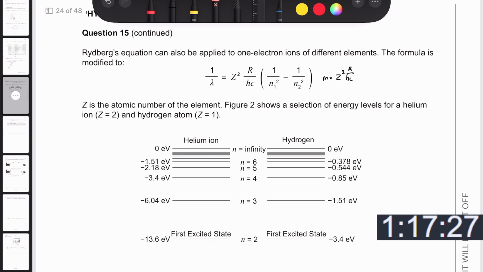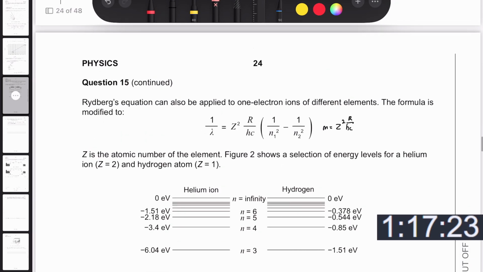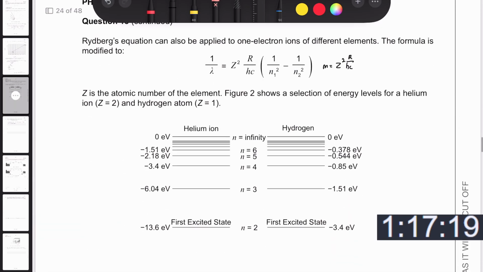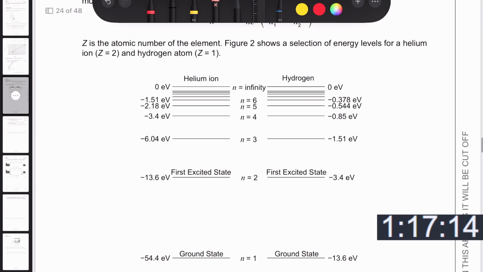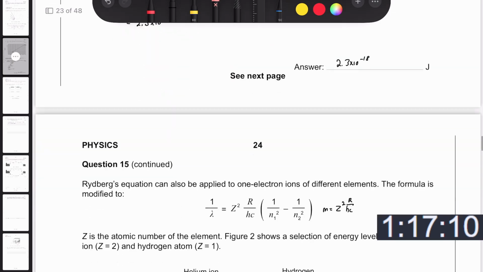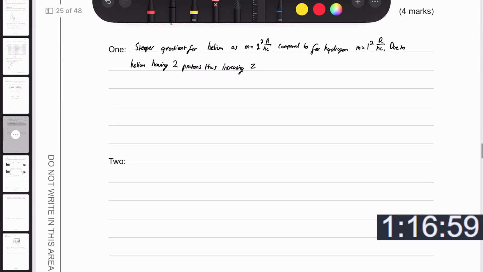Okay, what's another difference I would see? Would it just be that the y-intercept would be lower?